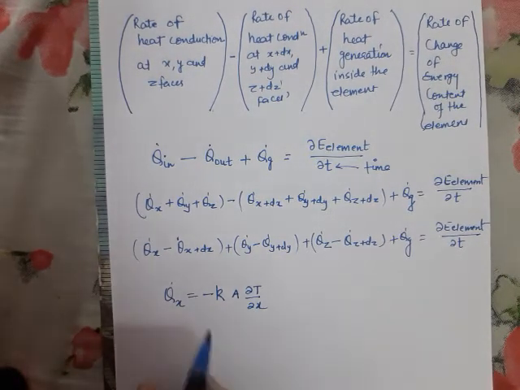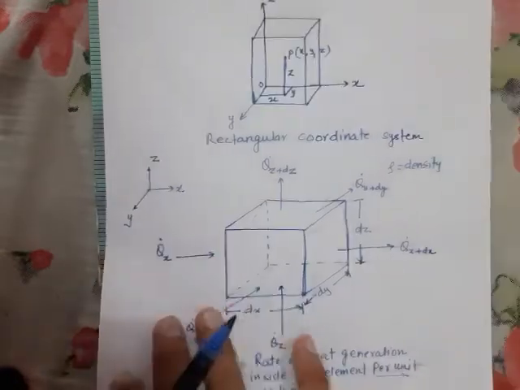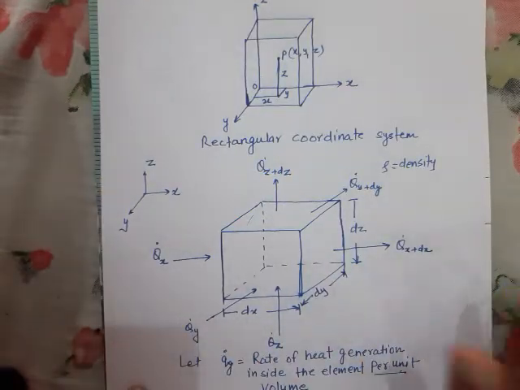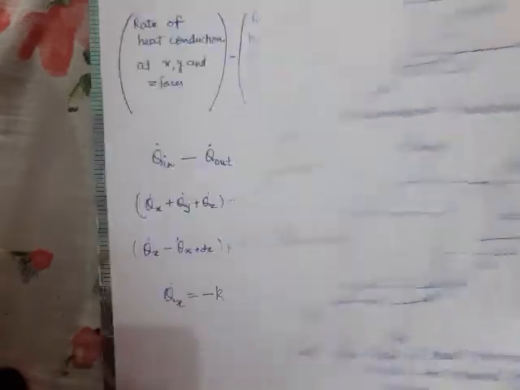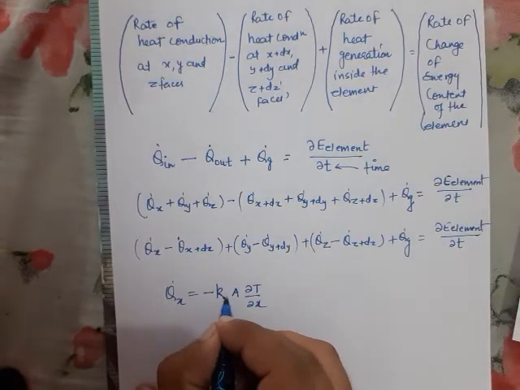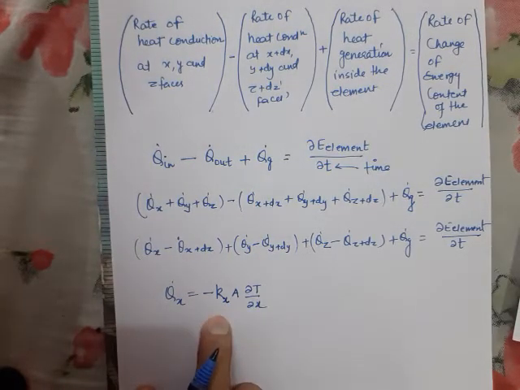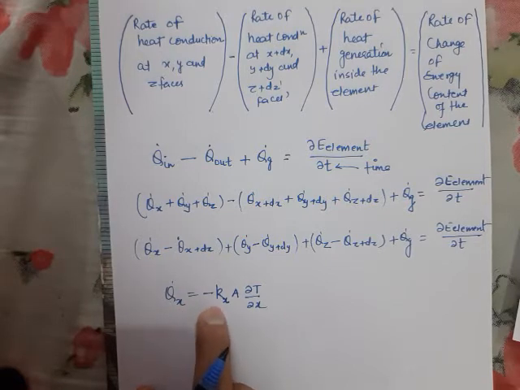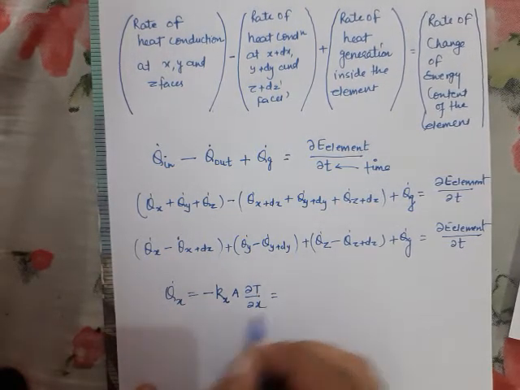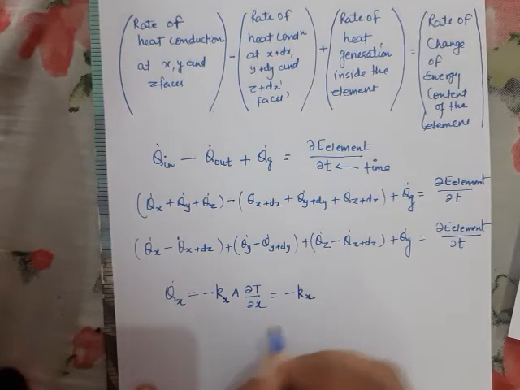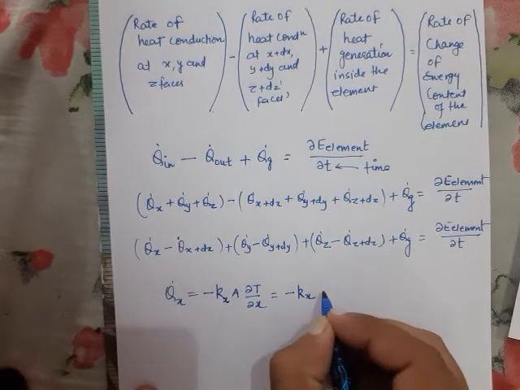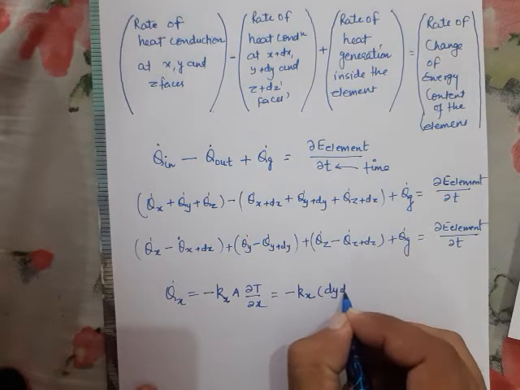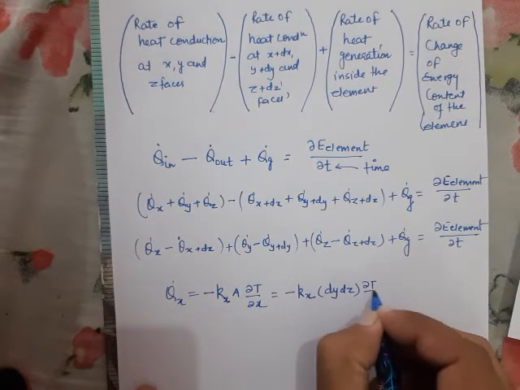Since I am considering the X direction, let Kx indicate the thermal conductivity in X direction. So Qx can be written as minus Kx A del T upon del X, which can further be written as minus Kx dy dz del T upon del X.